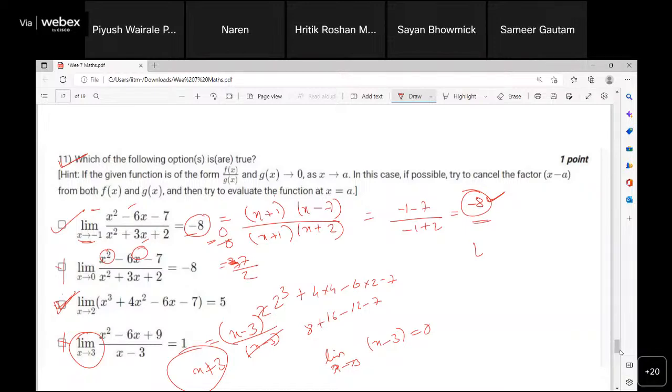Sir, will this mathematics be useful in data science? Yes, there is a practical implementation. You will be able to apply all these concepts when you are dealing with MLP, MLT, the machine learning part, where you should know how to find the limit.